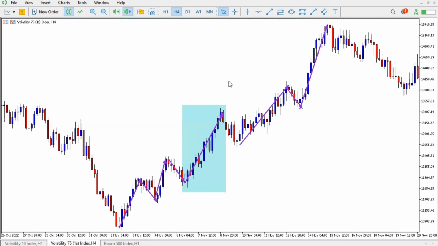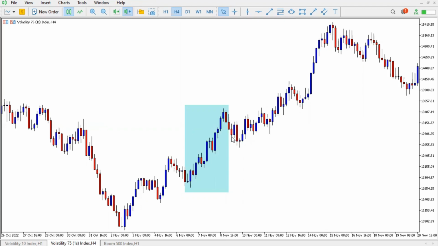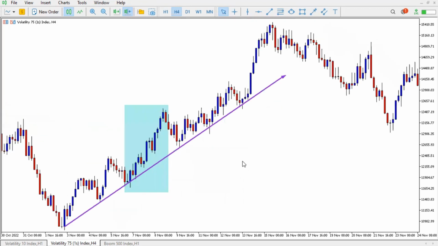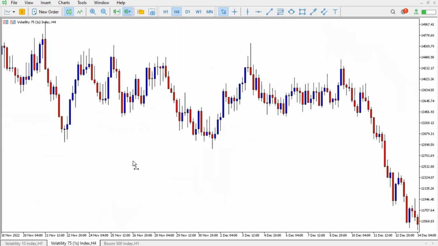Now let's look at trend line. Let me clear all of this for the uptrend. Now for the uptrend, a trend line is drawn using the lows. So you join the lows together. That is an uptrend. For a downtrend, you join the highs. I showed it to you before.